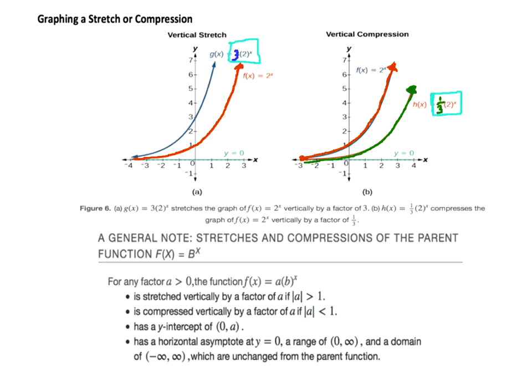So notice in the description down here that they use the absolute value. So they're taking the sign out of consideration because that's reflection. It's just that value of that factor that you're multiplying with that determines stretch or compress.